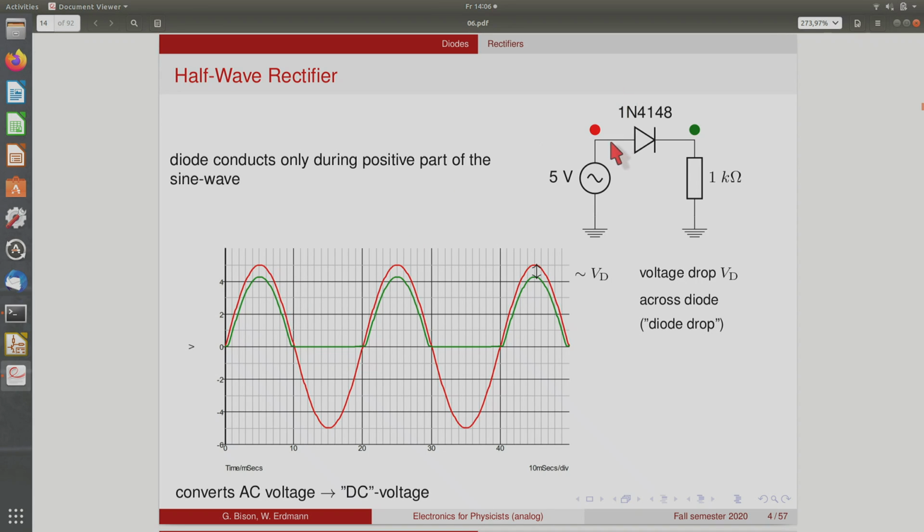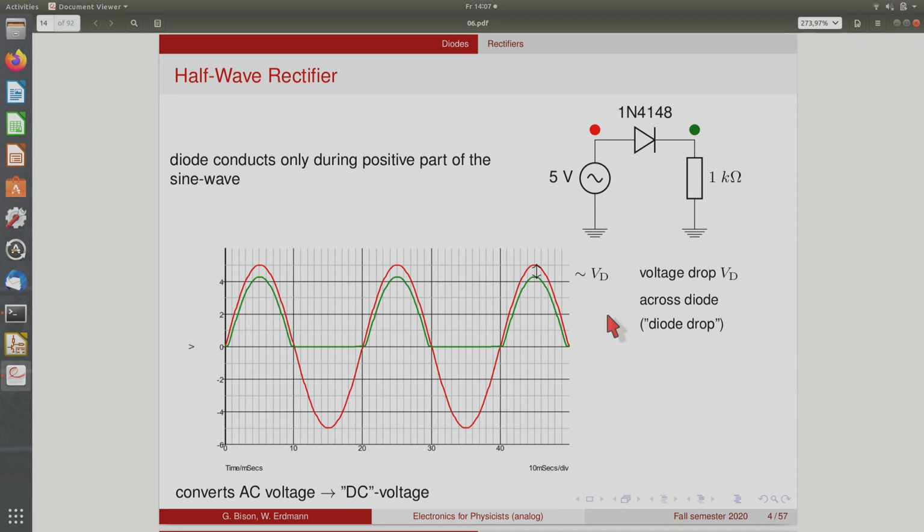Now the input voltage becomes negative, and the current would then have to flow through the diode towards the voltage source, and it cannot do that, so this point stays at 0. The resistor fixes it at 0 because no current can flow anymore. So this point will just remain here until the voltage source becomes positive again, and then the green curve follows again.